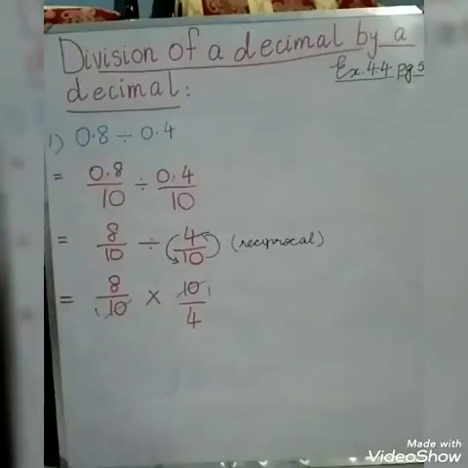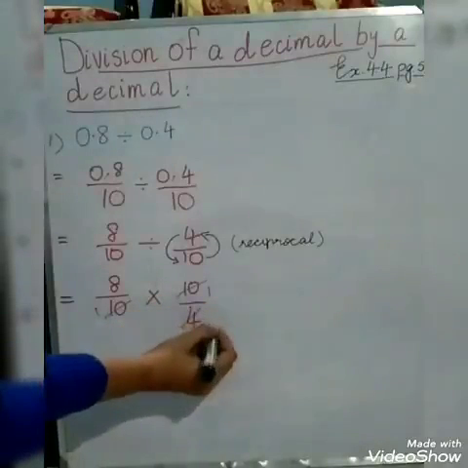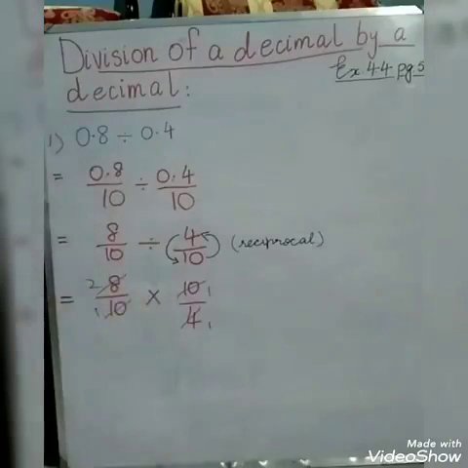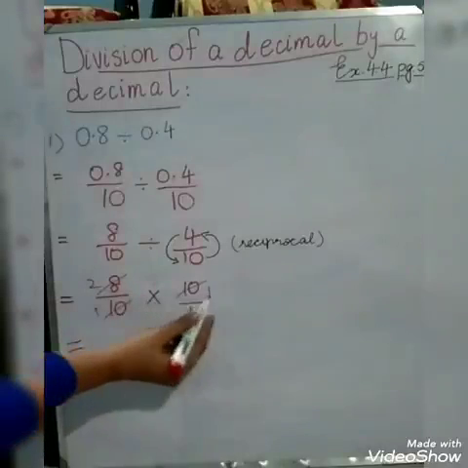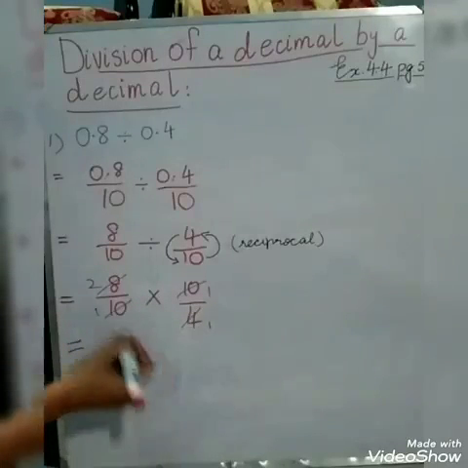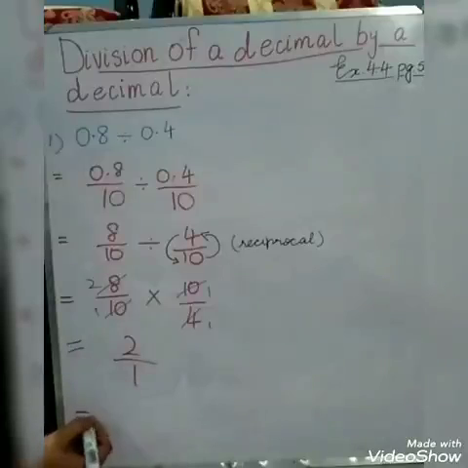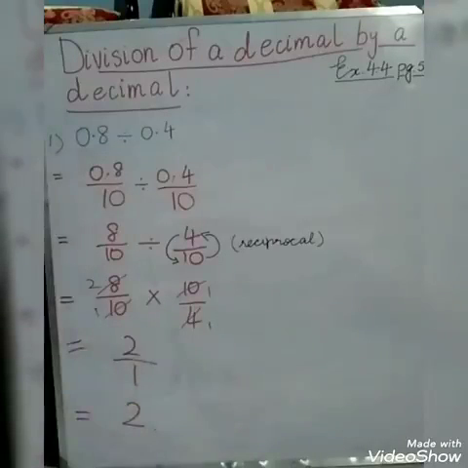Then we have 4 and 8. 8 is a multiple of 4. 4 1 times and 4 2 times. So what are you going to get then? We have 2 times 1 is 2. 1 times 1 is 1. 2/1, which means the answer is 2.